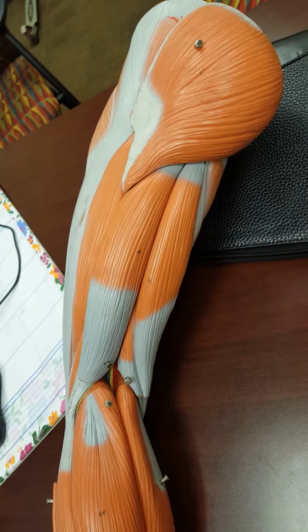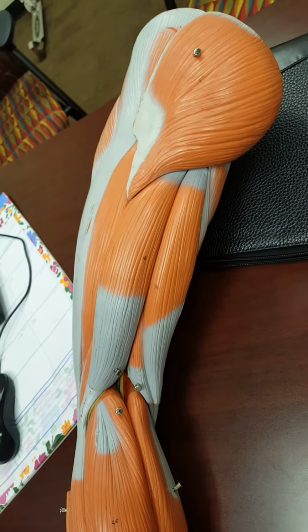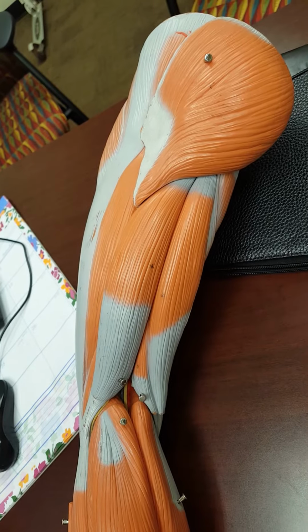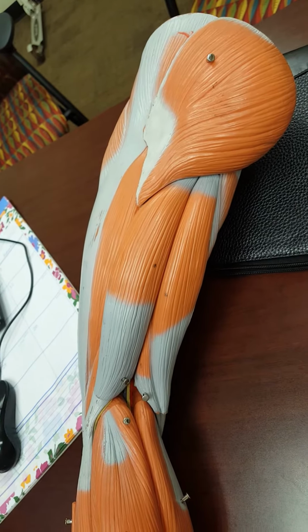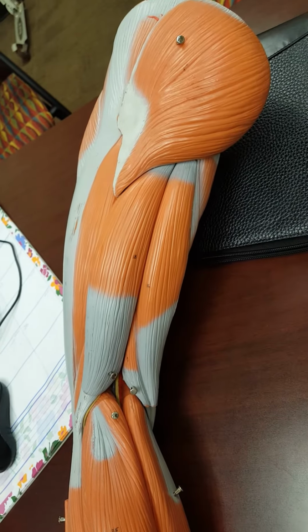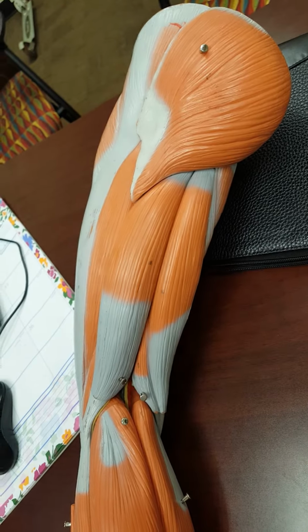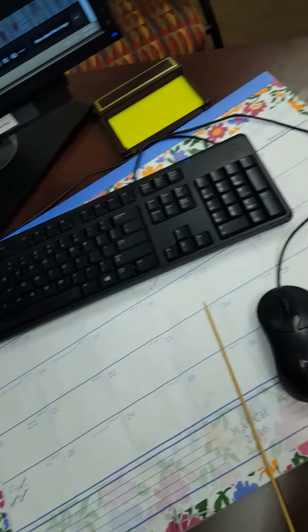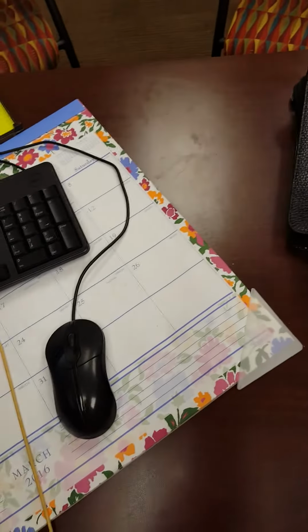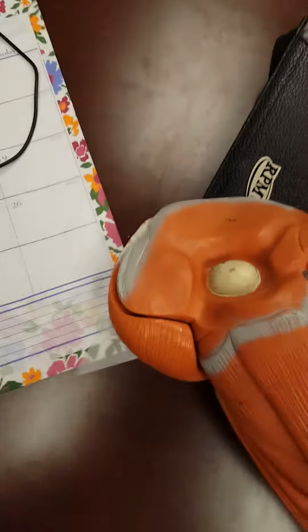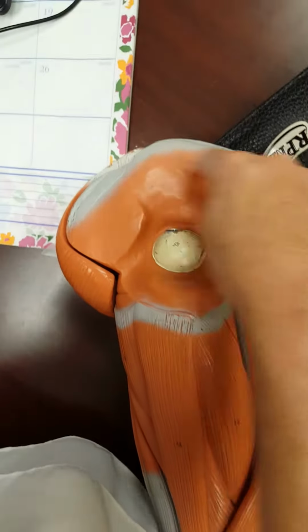Now we're going to the muscles of the back of the leg, and we have our, no, I'm sorry, I'm wrong. Let's do the muscles on the iliopsoas group. Forgive me, guys. Okay, so on this leg, this muscle is iliopsoas.